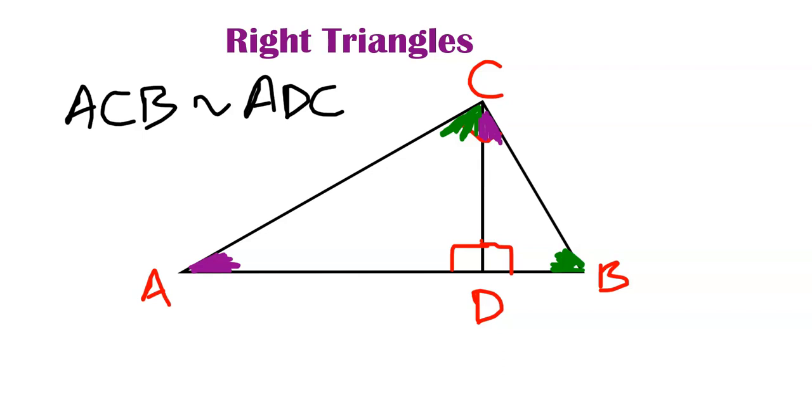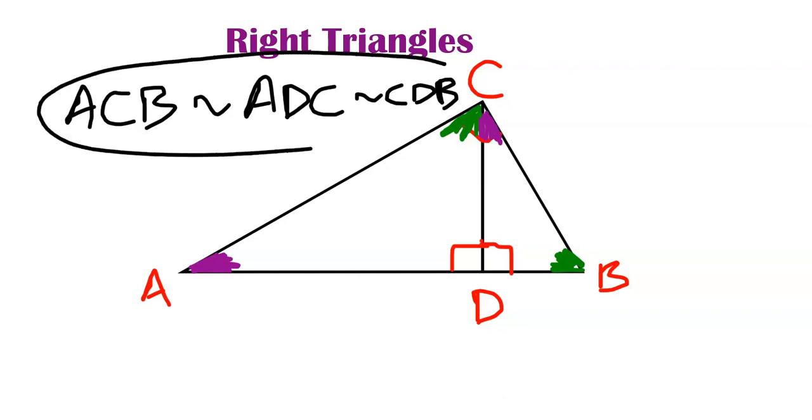And so we have a series of similar triangles. And we can see that if ACB is similar to ADC because they have the same angles, then in the small triangle there, triangle CDB, we can also say that it is similar to ADC because we have all of these congruent angles.